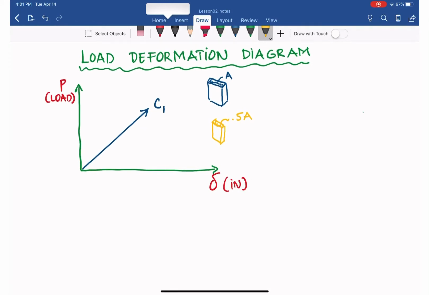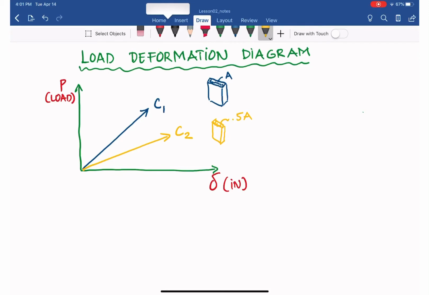With that, as you can see, I apply a smaller load and the deformation will be as much as the blue rubber band. So curve number 2, for the yellow rubber band, goes down somewhere here, and I call that C2. Because it takes a smaller load, the deformation increases even more. That's why C2 is lower than C1.